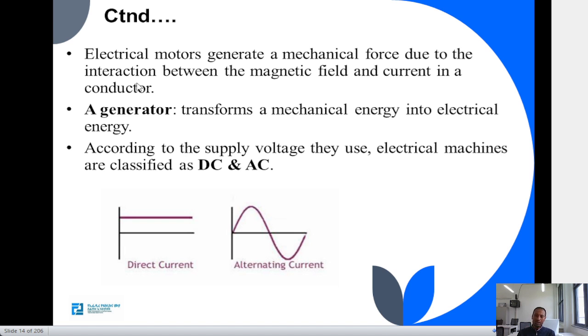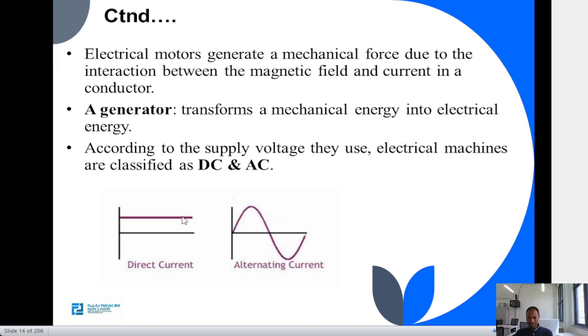We can also classify these machines based on their supply: DC and AC electrical machines. When we say DC electrical machine, we mean direct current. These machines are supplied with a DC source, which does not have a frequency.